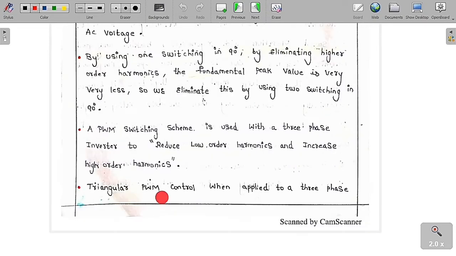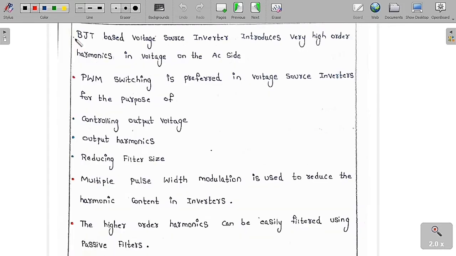Peak values. Triangular PWM control when applied to a three-phase BJT based voltage source inverter introduces very higher order harmonics in the voltage on the AC side.